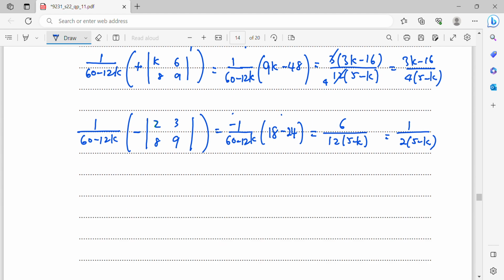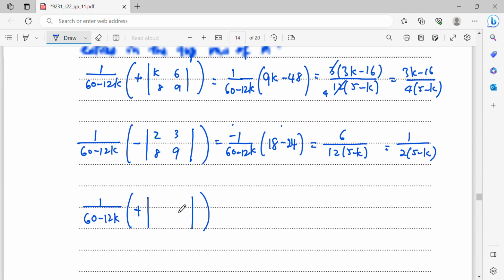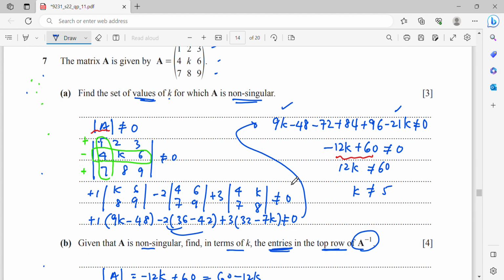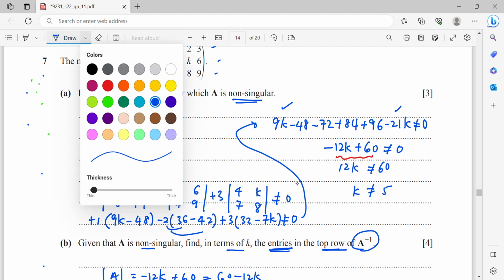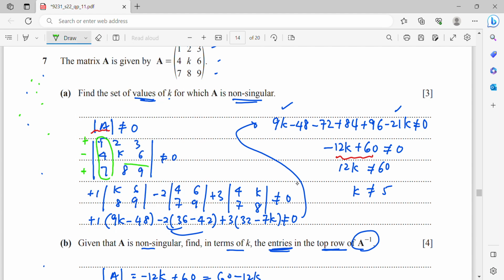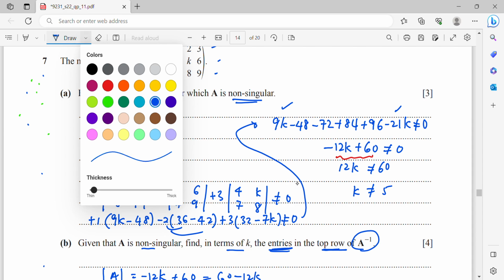Okay, then the next one is going to be 1 over 60 minus 12k, and now the sign is plus. For the third entry in the top row of A inverse, we consider, this is the k, we consider the third row. So the remaining will be 2, 3, k, 6.